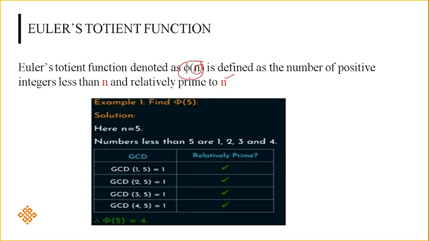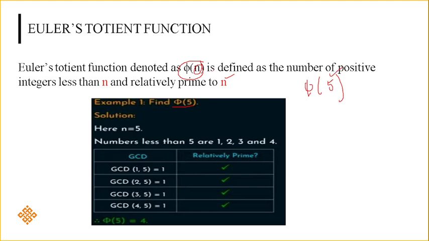So let us see a few examples. If you have not understood the definition, let's solve a small example. Let's find phi of 5.